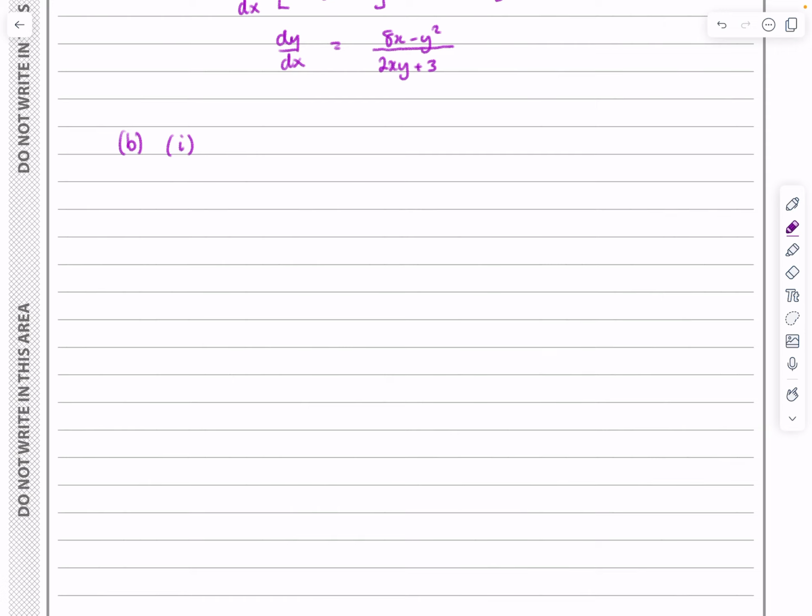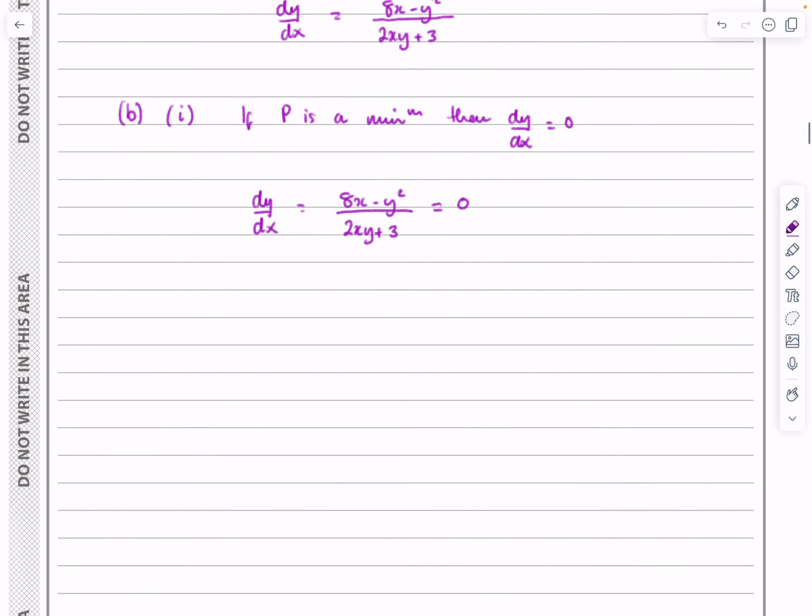So if P is a minimum, then dy by dx is equal to 0. So dy by dx is what we've just worked out, 8x minus y squared all over 2xy plus 3. That's going to equal 0, but we also know that's for the value x is equal to p and y is equal to 2.